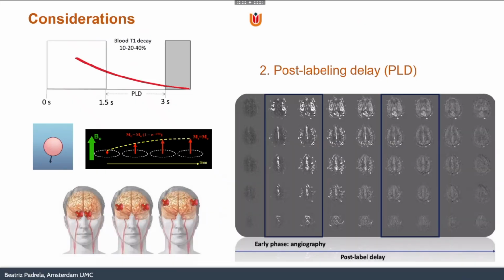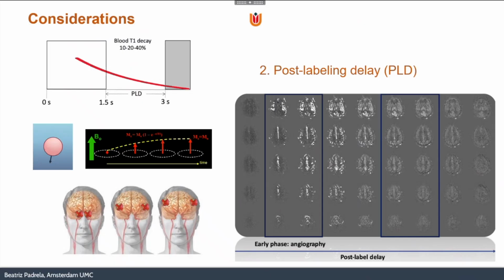So we need to again make sure that we are not acquiring the image too early, so that the labeling is still in the macrovascular, in the main arteries, and also not too late so that you are losing signal. So this is also very important, especially with aging.